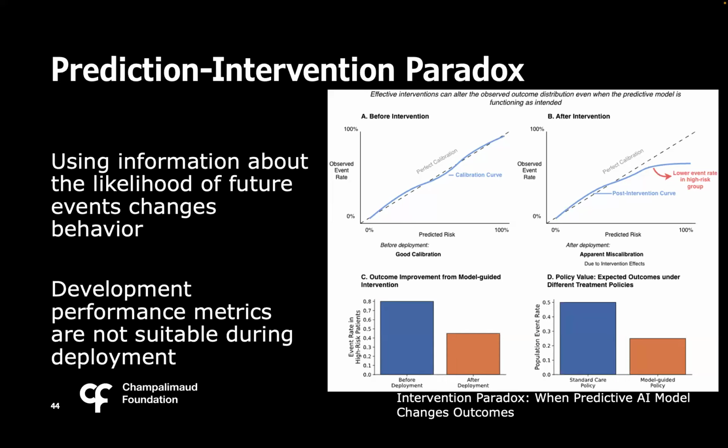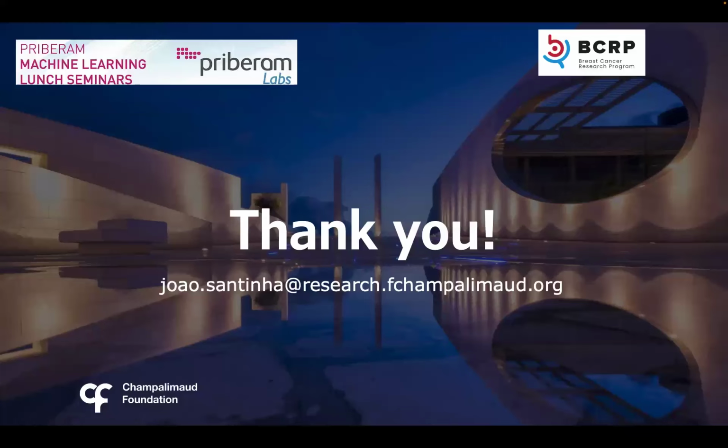But it's still an open problem, and it's a problem that we are now exploring and trying to formalize a bit more, because AI models are considered medical devices, so we need to ensure that the post-market surveillance can be done. So this is an open question. And with that, I conclude the presentation, and I would like to thank you for your attention.